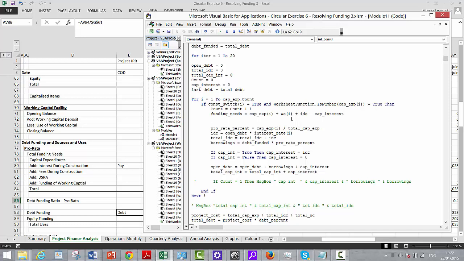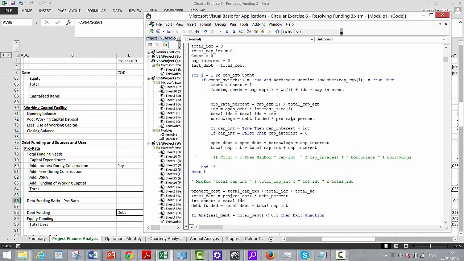Okay, and the total funding needs, we don't really have to compute it here, because the total funding is equal to the project cost, but we're going to subtract off the total amount we had of interest capitalized.